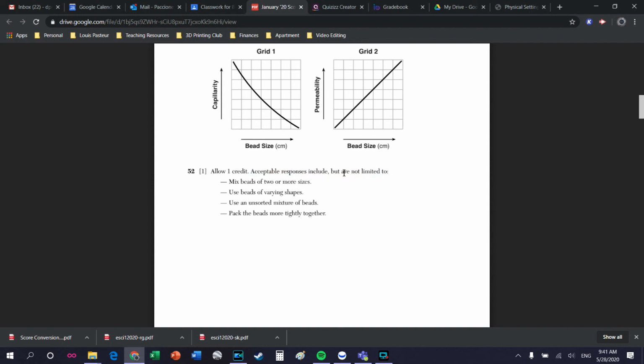So not limited to is the key word there. You could have written something that's similar to this that's still correct. So if you're doing this by yourself, which you likely are if you didn't come to the live session, then you're going to have to use your best judgment. All right, just use your best judgment. So these are 4 possible answers, but there are potentially more answers if yours sounds like it.